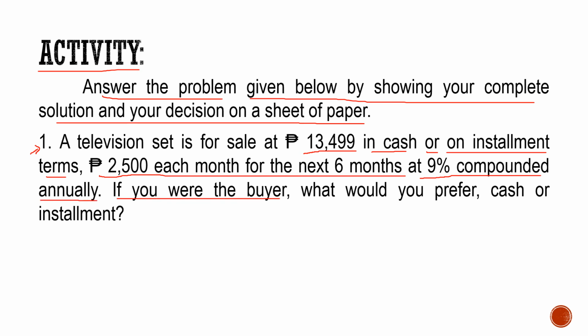If you were the buyer, what would you prefer, cash or installment? You need to choose as a buyer. Based on the given values and the resulting values from your computations, if you were the buyer, what would you prefer, cash or installment?